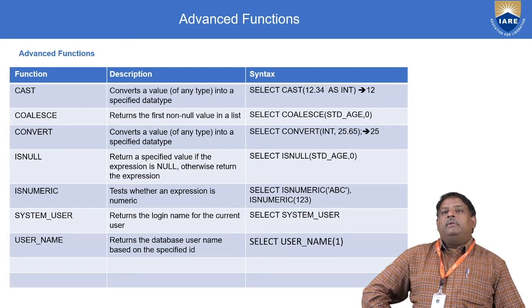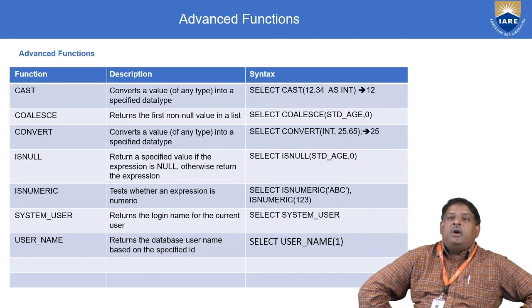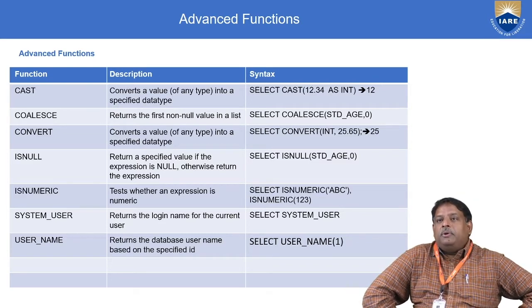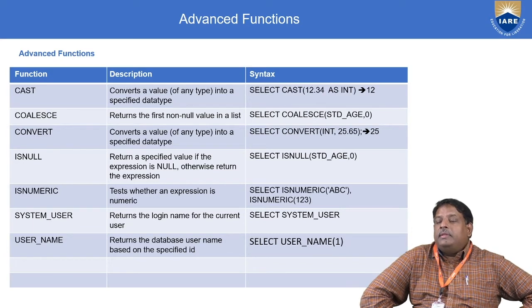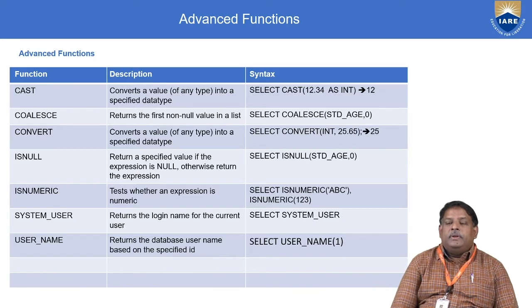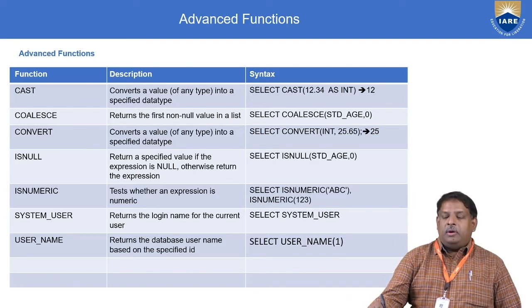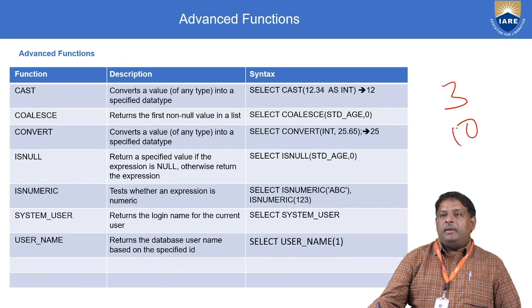Coalesce. It will give you the first non-null value in a list. Suppose my example is you have to give the column name and the corresponding default value. Suppose I say select coalesce of std, 0. When there is no value or a null value, it will give me a value of 0. Suppose my age column has the values 3, 10, null, and 12.